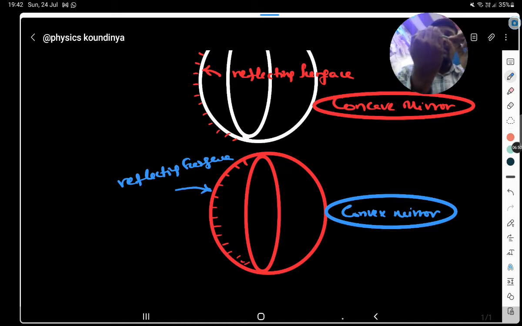If inner surface is silvered and this surface is reflecting surface, then this mirror is called as convex mirror. So how many types of spherical mirrors are there? Two. What are they? Convex mirror, concave mirror are the two types of spherical mirrors. We have this mirror. If it is reflecting surface, it is called as a concave mirror. Okay. If it is reflecting surface, this is called as convex mirror. These are the two spherical mirrors we have.